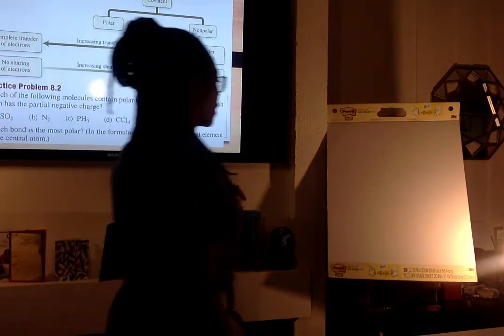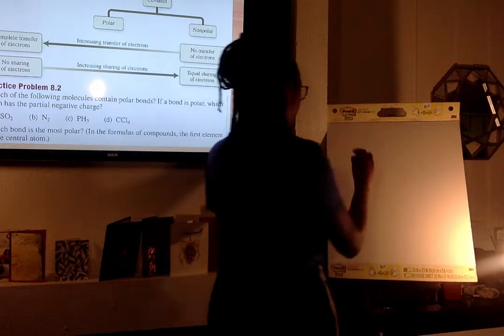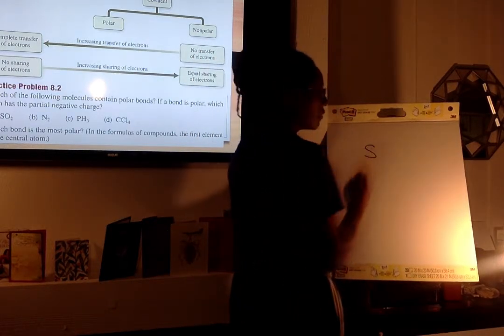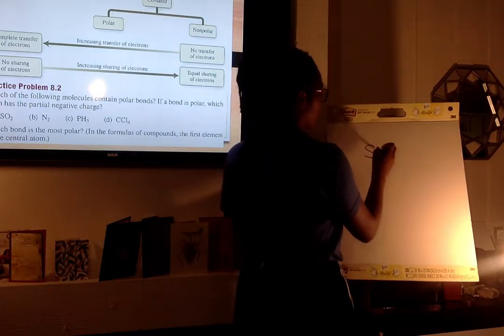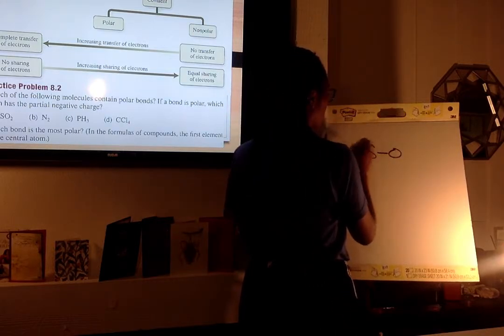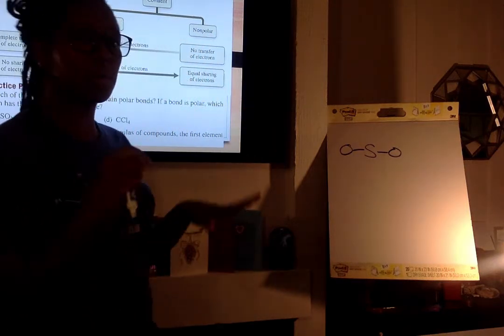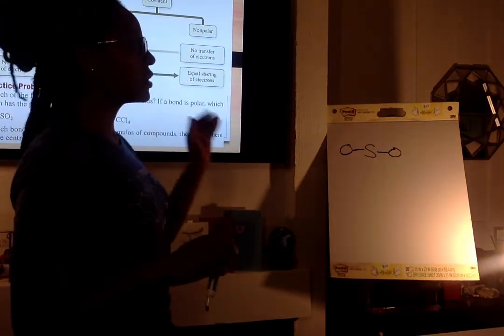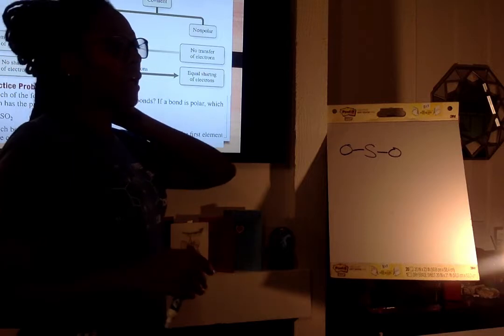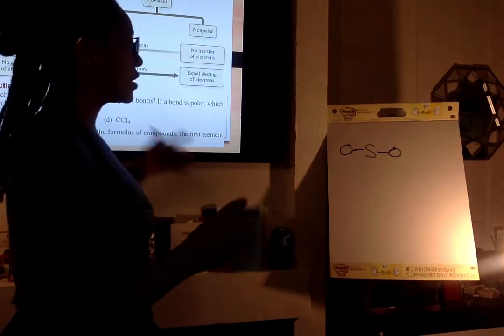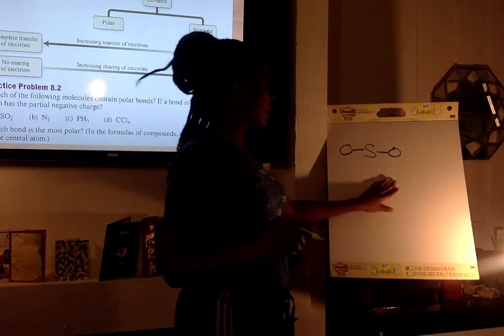For sulfur oxide, you're going to have the sulfur in the center, and then you would have two oxygens. Let's just say it could be bent; I'm not sure yet based off the number of electrons. We'll learn about all of that later. But right now, we know it has two things bonded to it, and what are they? Oxygens.